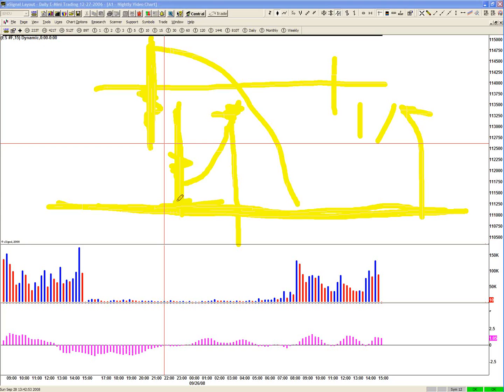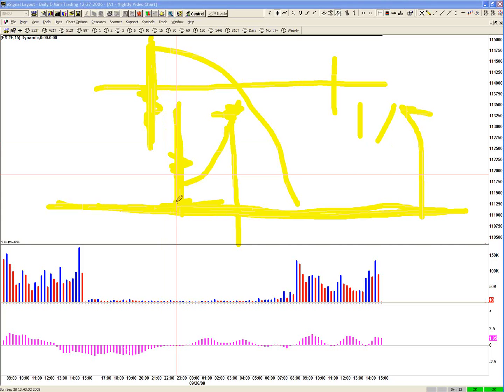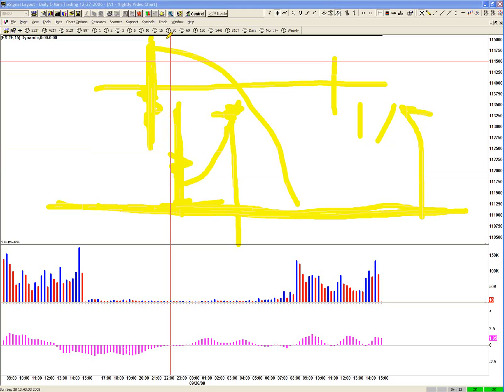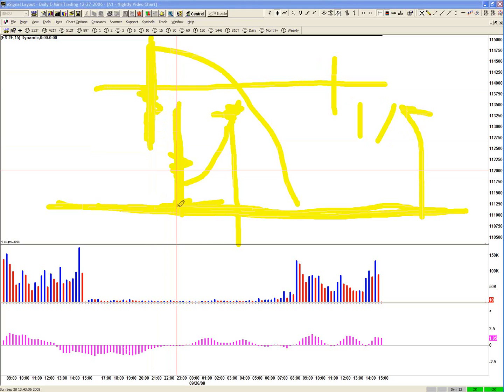If you do, then you need to ask yourself, do you want to use the scale-in strategy like I've taught in the past couple webinars, because when you've had wide range bars, that doesn't mean that the move is over by any means.